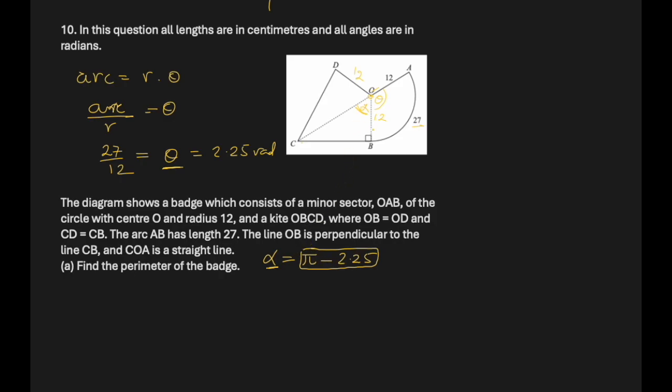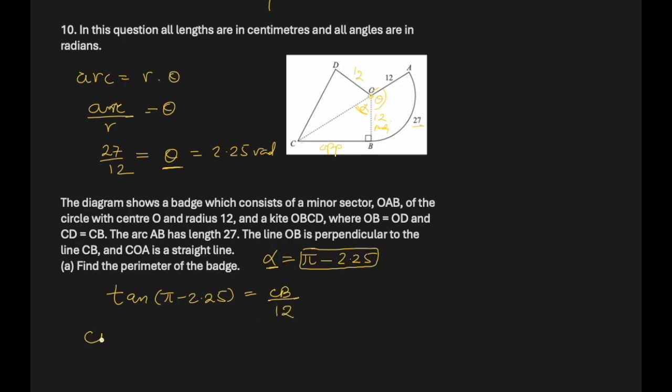And with the help of this, I can find the side CB now, because this CB is opposite to alpha and this is adjacent, this 12, this radius. So I can write that tan of (pi minus 2.25) is equal to opposite, which is unknown, CB, over 12.